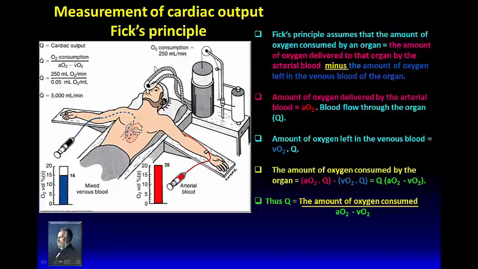But this subject might not be normal. And if he's not normal, then his resting oxygen consumption might not be 250 milliliters of oxygen in 1 minute, his oxygen content of the arterial blood might not be 20, and his oxygen content in the venous blood might not be 15 milliliters of oxygen in each 100 milliliters of blood.